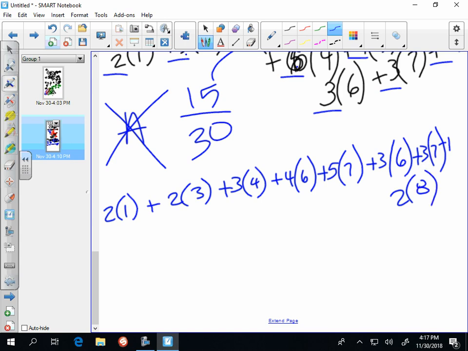Now, what is this going to represent? This is going to represent the total number of missed questions. If we divide the total number of missed questions by the number of people, we can find out the mean.